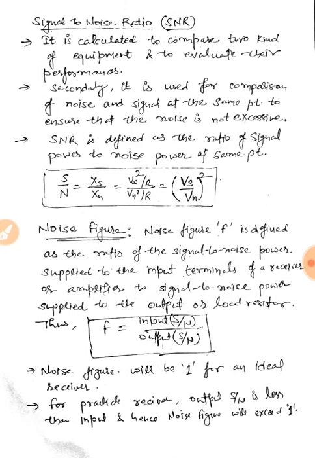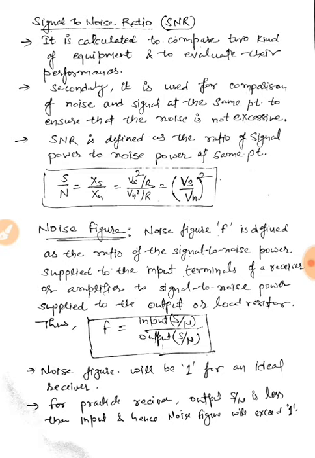Next is signal to noise ratio. So what is signal to noise ratio? It is calculated basically for two reasons: to compare two kinds of equipment and to evaluate their performances. Like if we have two systems and we want to compare their performances, we can compare them on the basis of signal to noise ratio.